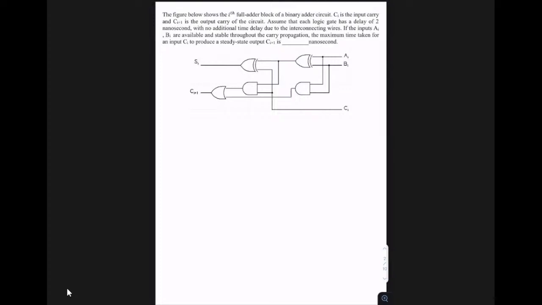Assume that each logic gate has a delay of 2 nanoseconds with no additional time delay due to interconnecting wires. If the inputs Ai, Bi are available and stable throughout the carry propagation, the maximum time taken for an input Ci to produce steady state output C of i plus 1 is dash nanosecond. Okay, so this question is based on the delay concept.